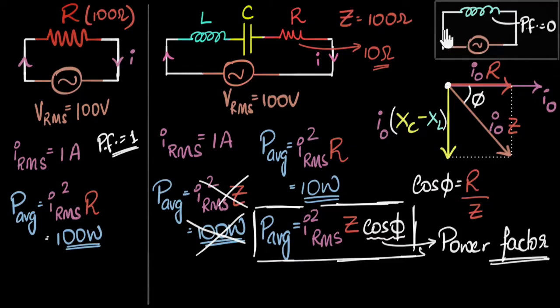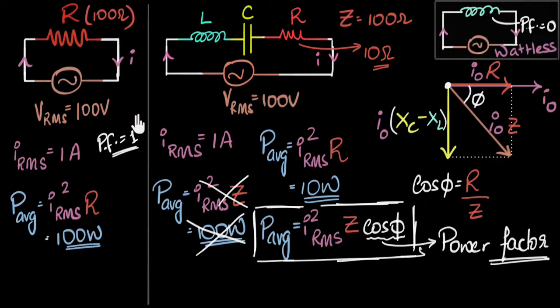And so since there is a current running over here, but there is no power consumption due to that current, we call these currents watt-less current. And from an efficiency point of view, these are the worst because there will be heating effect in the transmission lines, there will be energy losses, but for what? You're not consuming any power. So this is the worst circuit you can think of.